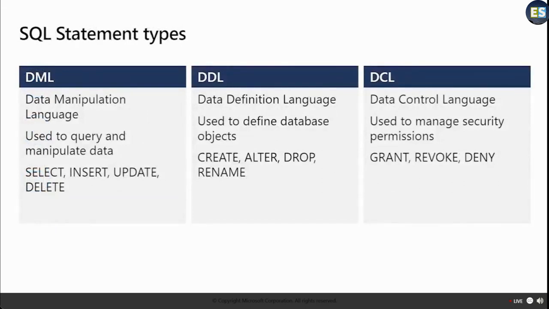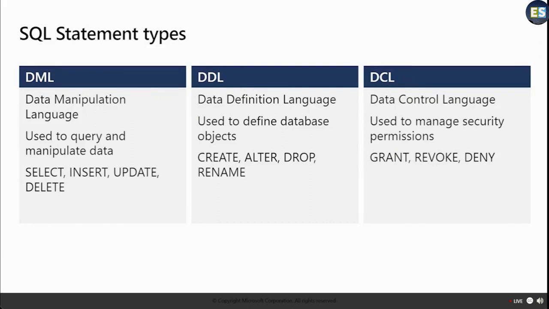So when it comes to SQL statement types, there are 3 categories you should know about. First one being DML, or Data Manipulation Language, DDL, or Data Definition Language, and DCL, Data Control Language. Now, DML statements are used to query and manipulate data.